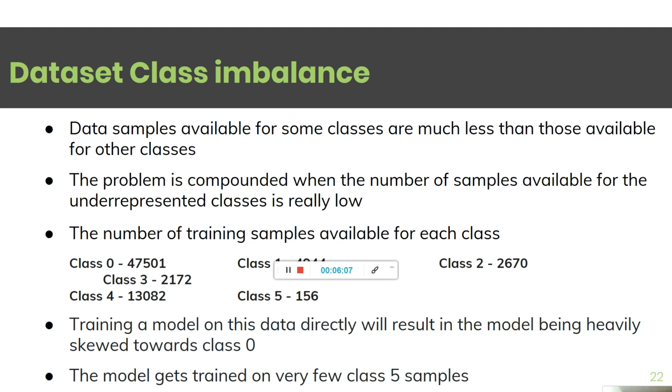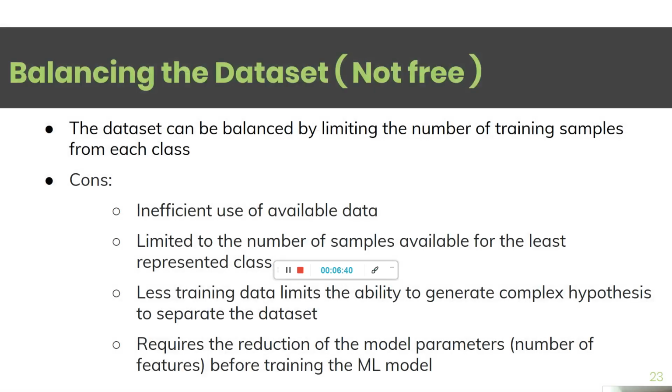You're showing it too many examples of one class but not enough examples of the underrepresented class, so it ends up learning more about the highly represented class and would end up being skewed or biased toward classifying new samples, data that it hasn't seen before, towards the class that it has seen more examples of, while misclassifying the underrepresented classes.